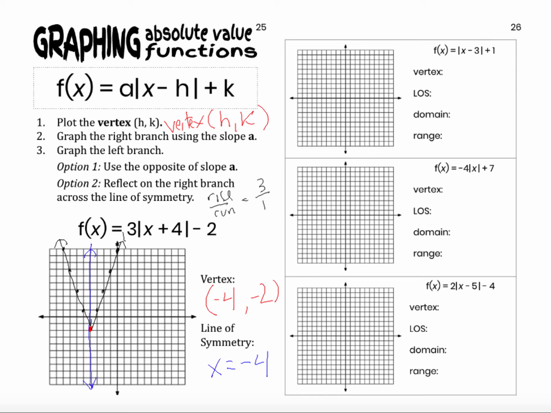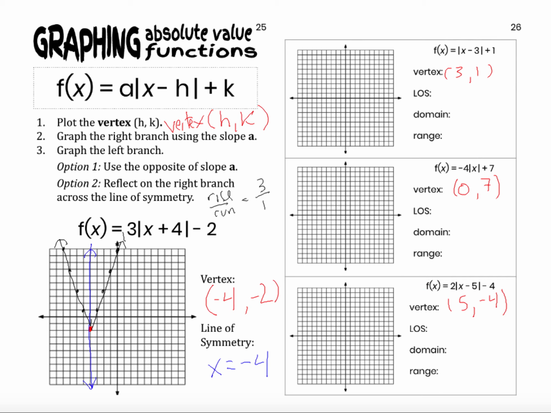So for each of these graphs, you're going to perform these steps, identifying the vertex, opposite of the number inside for the x, this number for the y. When there is not a number inside the absolute value, that means it's a 0, 7, 5, and -4. So we plot the vertex.